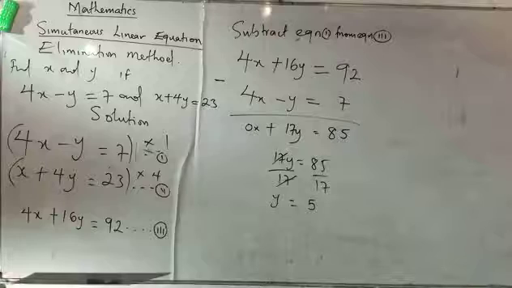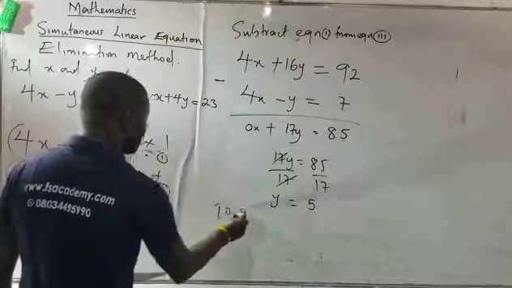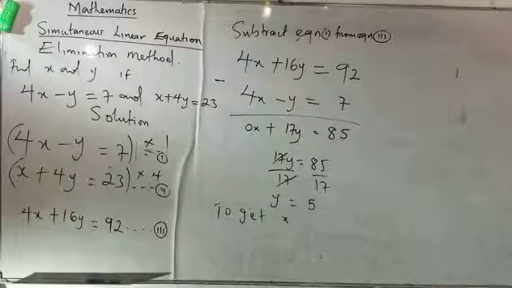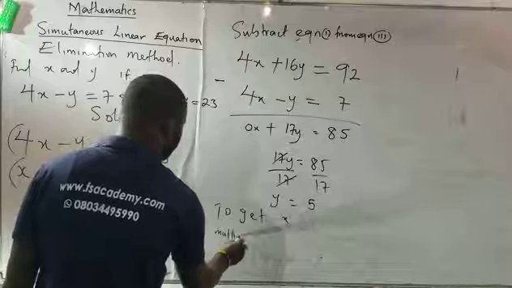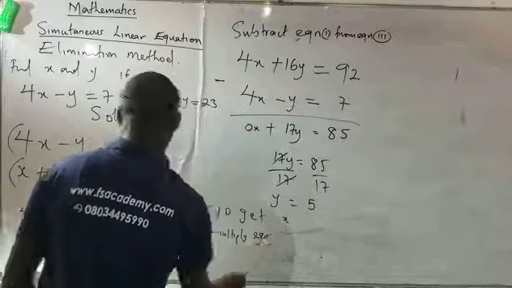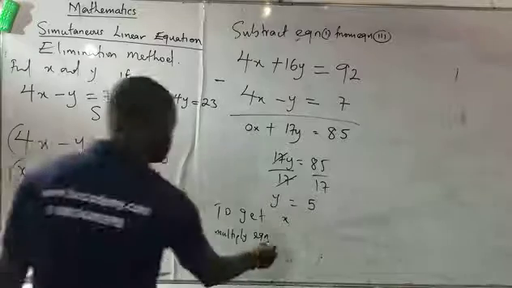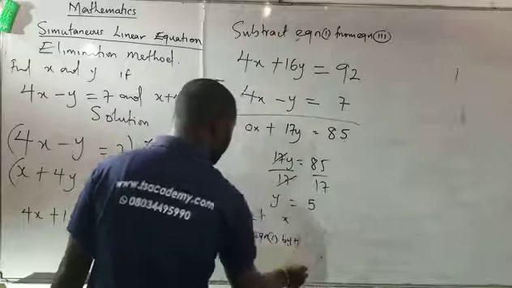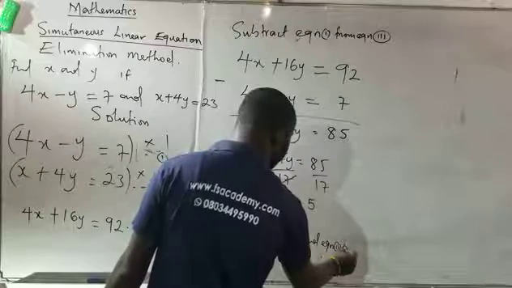Since I'm to use the elimination method all through, what I need to do now to get x is to multiply equation 1 by 4 and equation 2 by 1.